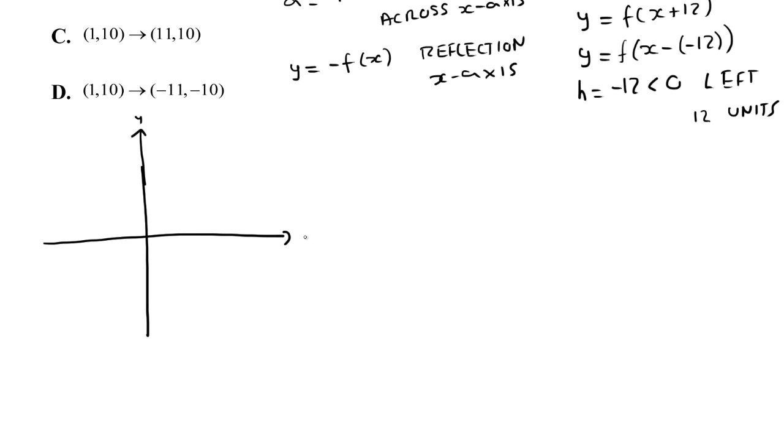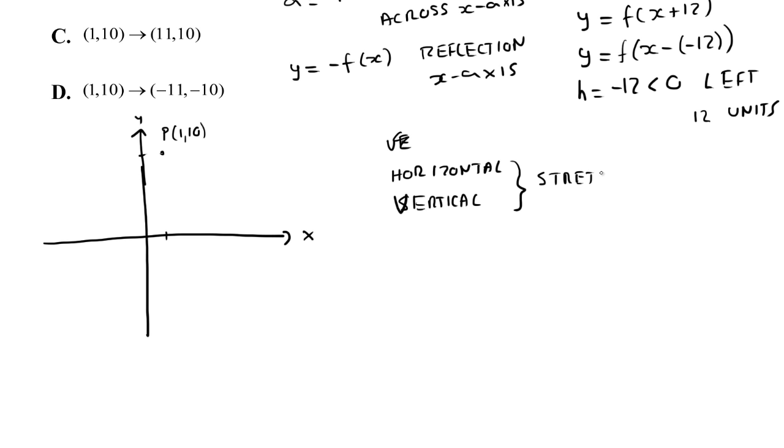So here's our y-axis, here's our x-axis, here's our point (1, 10). And the order that you do these transformations in always goes horizontal stretches, and then vertical, so this is your first one, horizontal stretch.